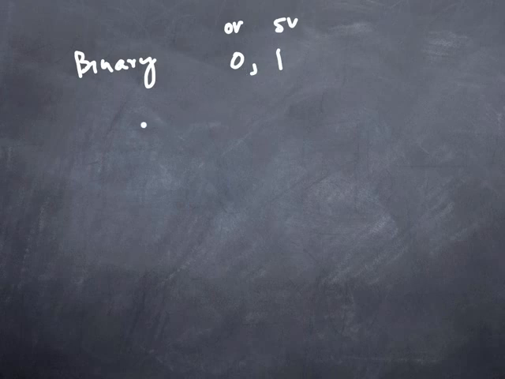For example, the bulb is on or off, I can represent with 0 and 1, only a single bit. So two discrete values I can represent with a single bit.